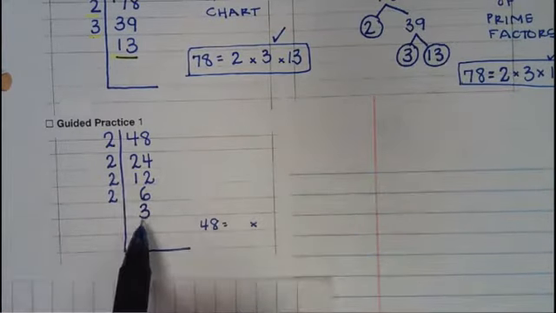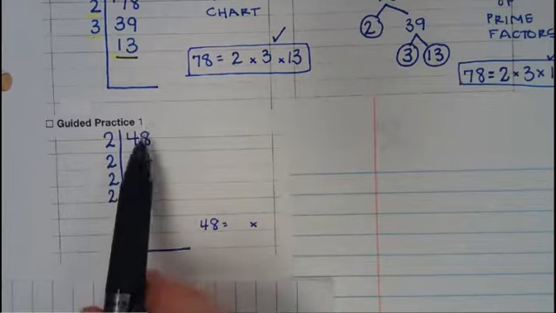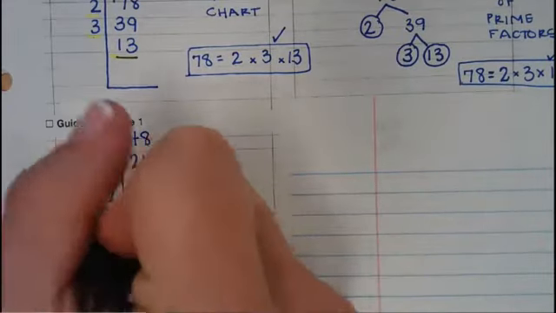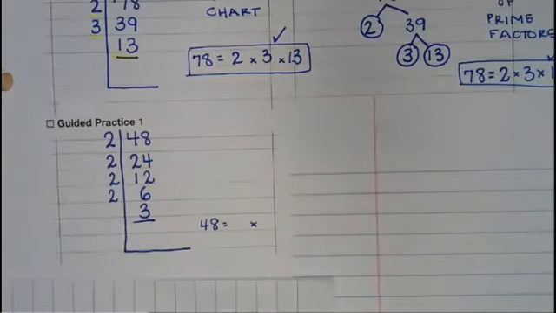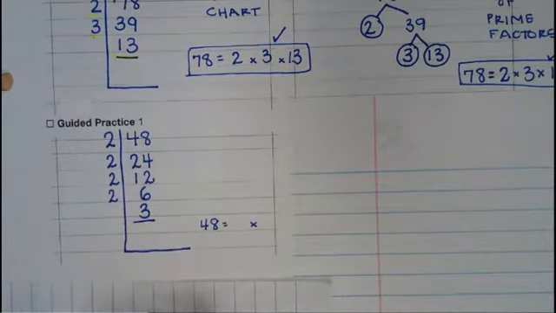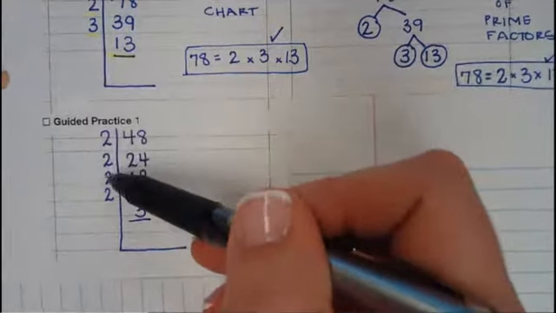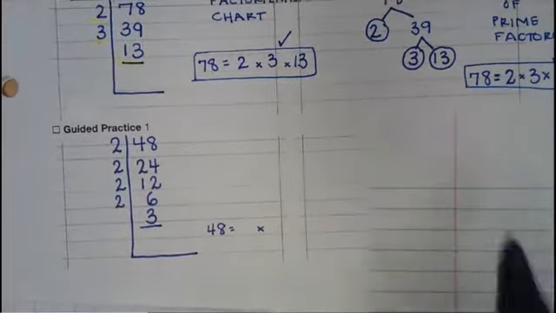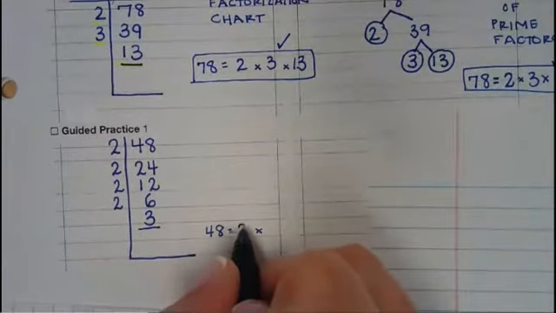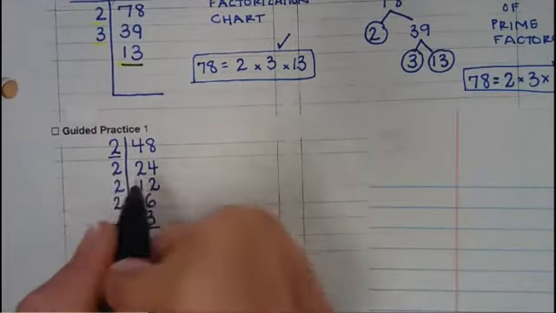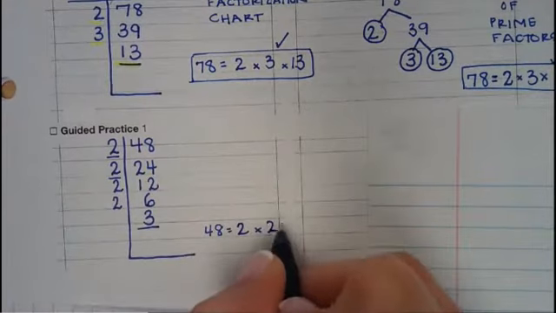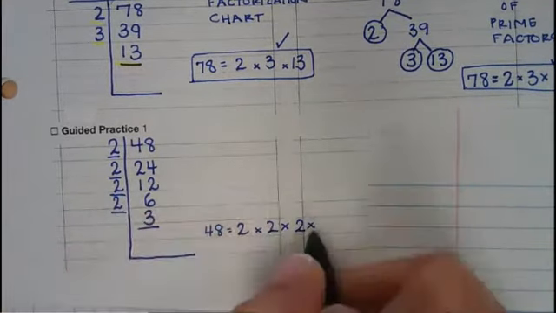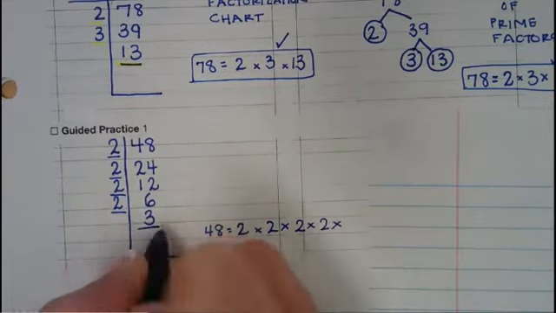And there, that pops up with my prime number of 3 that I could have divided the 48 by. So I stop because that's a prime number. And then I have 2 times 2 times 2 times 2 times 3. So I'm going to check this on my calculator. If it helps you to write it out first, you can write out the 2 times 2 times 2 times 2 times 3.